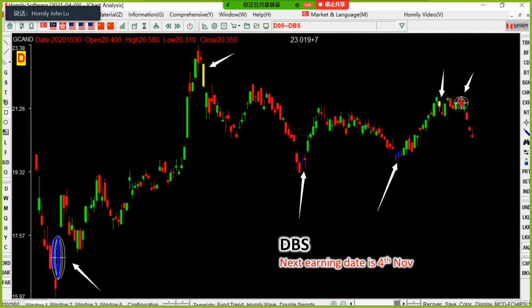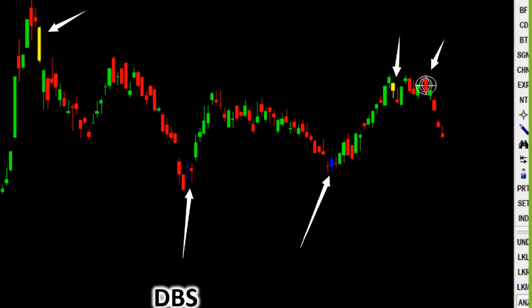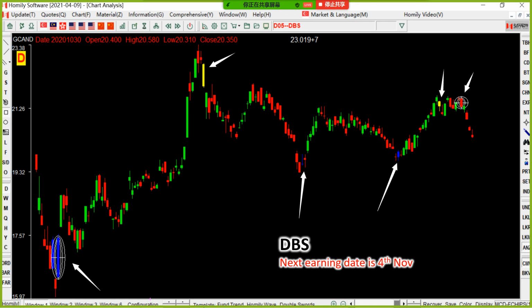Then maybe you want to check the DBS again. For DBS, wow, very accurate. Somebody said, John, I never trade STI, but I trade and invest in DBS. If you check the chart, in late March we got a double alert around here, around 23rd, 24th, 26th March, we got the blue Taiji and the 10 black hole.